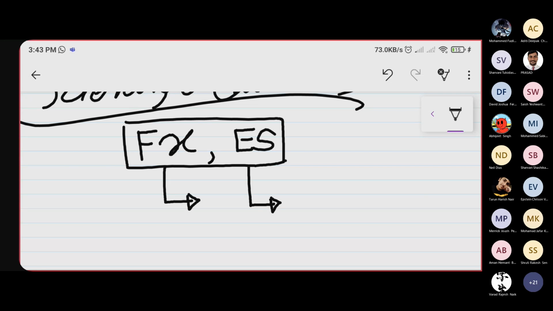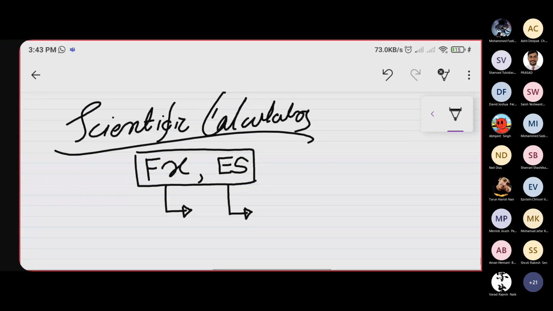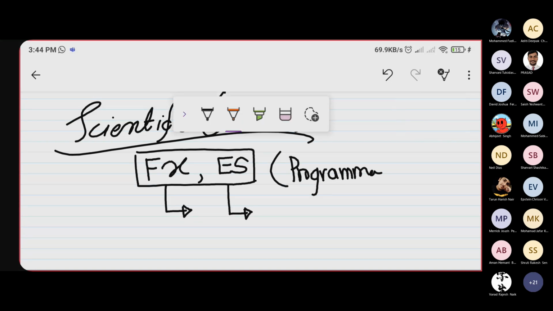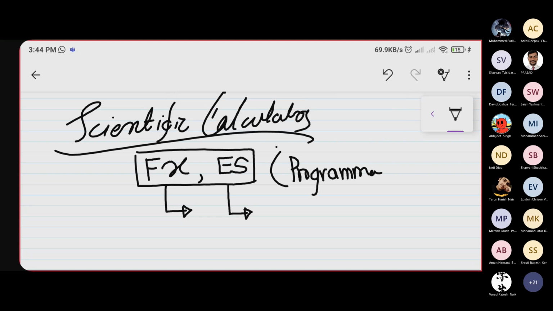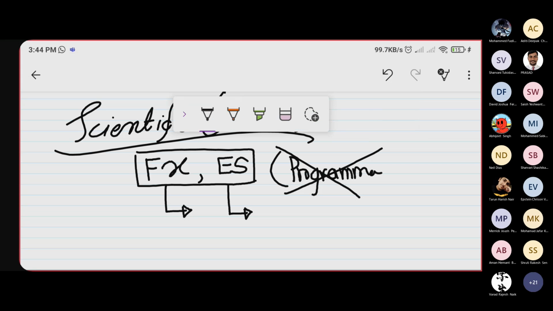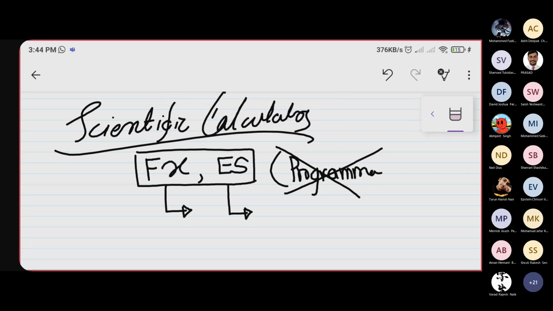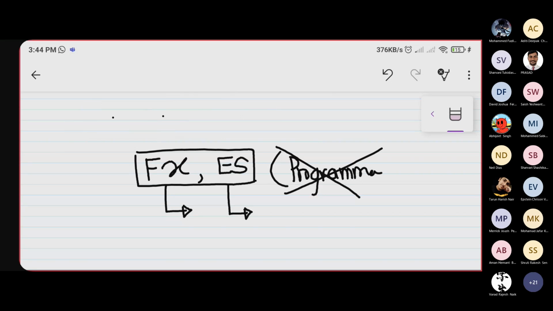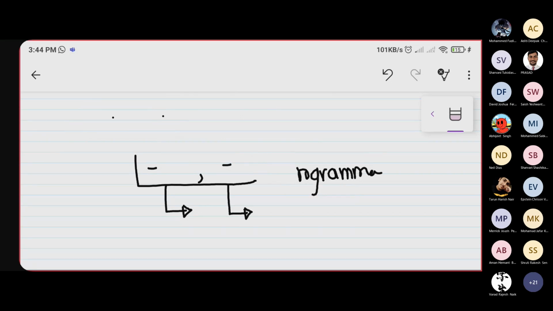Out of these two series, don't take any programmable calculator. Whenever you are going to buy a calculator, tell them, I don't want programmable, I want only a simple scientific calculator. Why is it required? Because we are going to solve new problems, right?